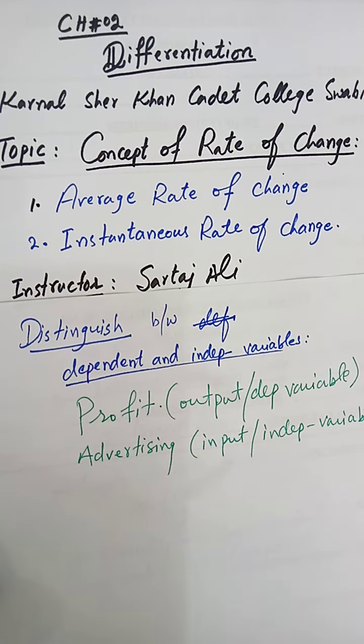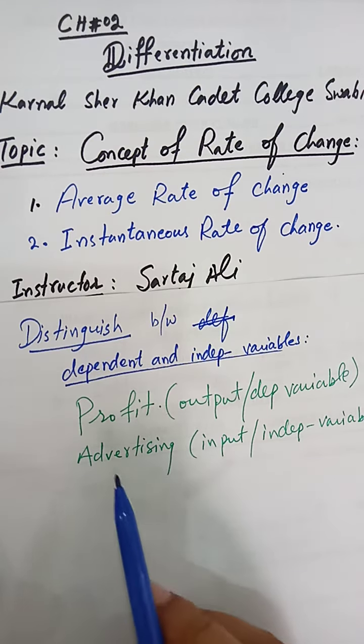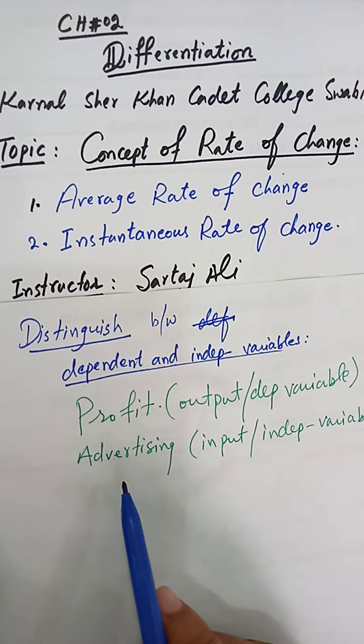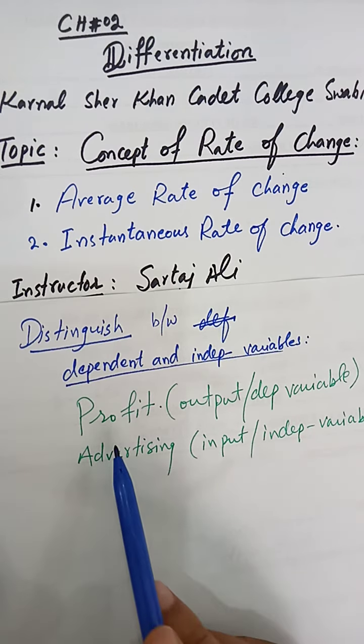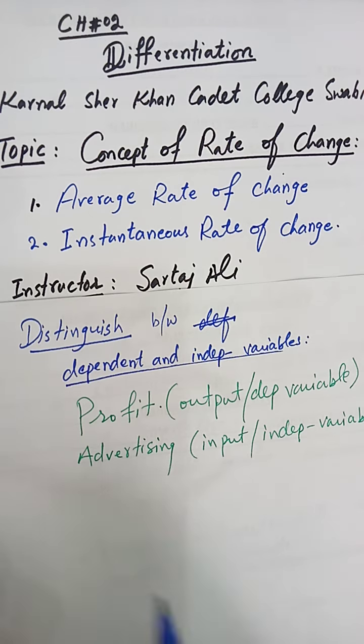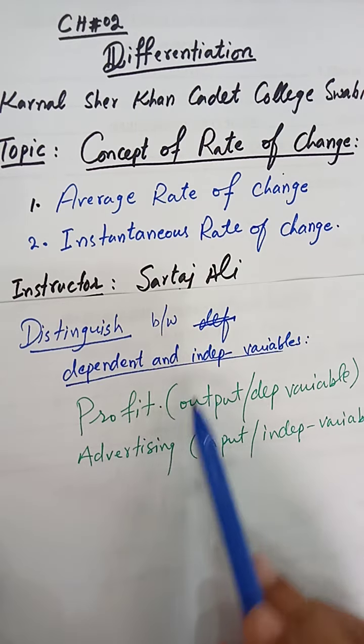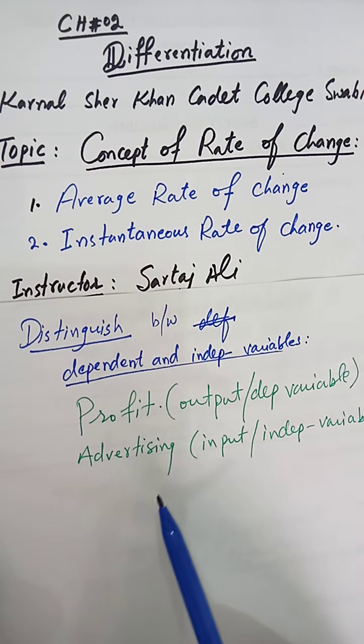Remember, when you change your input, the output will vary. In this situation, one quantity is dependent on another quantity, and that is the profit and advertisement. So that is the difference between dependent and independent.